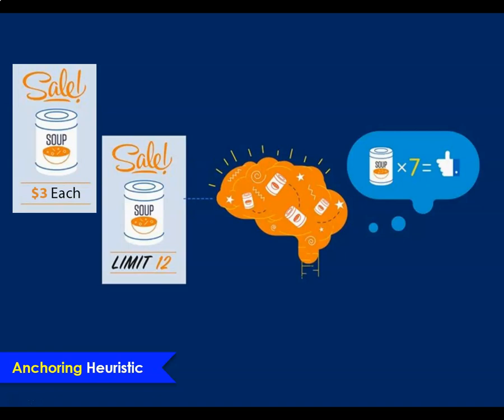In the second condition, with a limit of 12, shoppers are again using an anchoring heuristic, but now they're anchoring on the number 12. In this particular sales promotion condition, shoppers buy 7 cans on average. This is because when consumers see a limit of 12, they anchor downward.